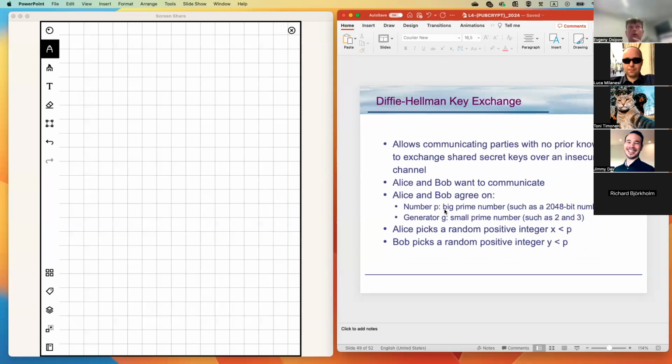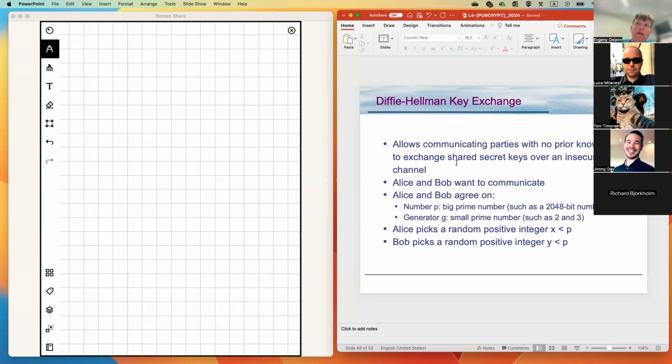Let us talk about a new algorithm, which actually came about before RSA, and it was proposed by two people, Diffie and Hellman.